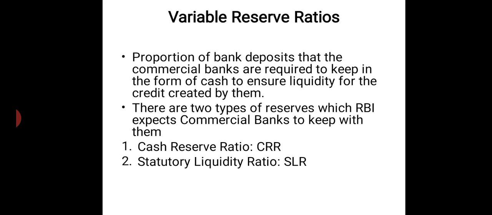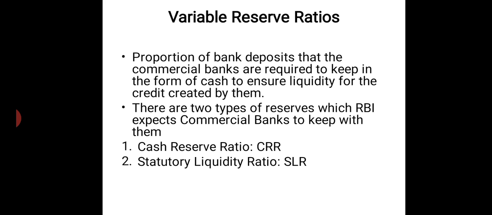So a commercial bank has to keep a certain amount with them as deposits or reserves, which they are not allowed to give out as loans or circulate into the economy. They have to keep a bit of their money as reserves or deposits as directed by RBI.